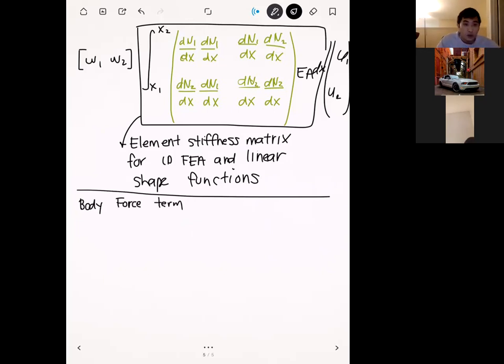Okay. And so our body force term, this one's not nearly as bad. We're going to have the integral from x1 to x2 of w of x, b of x, dx.